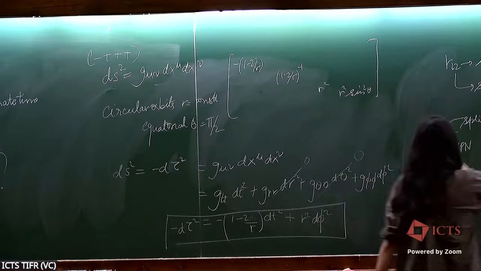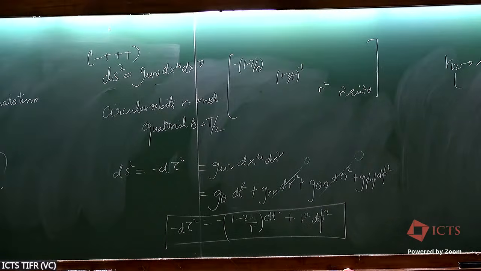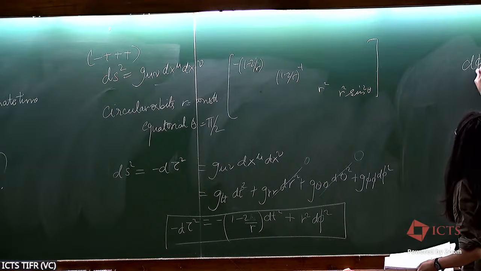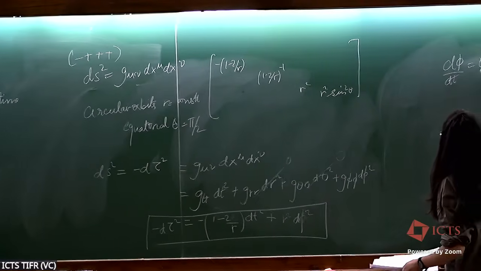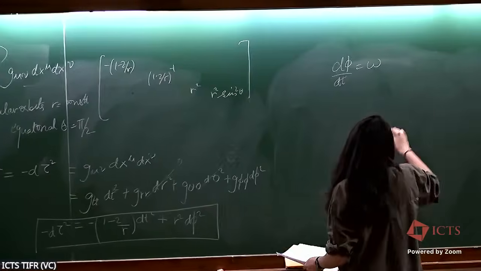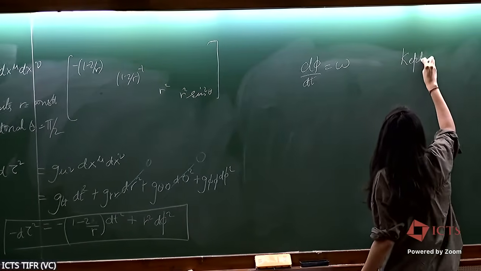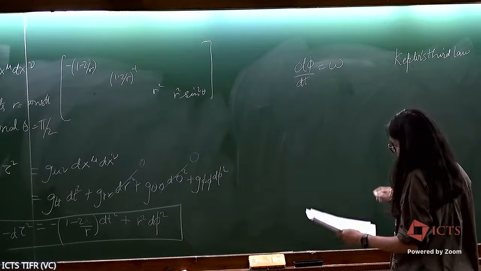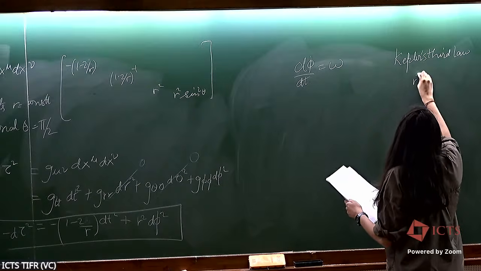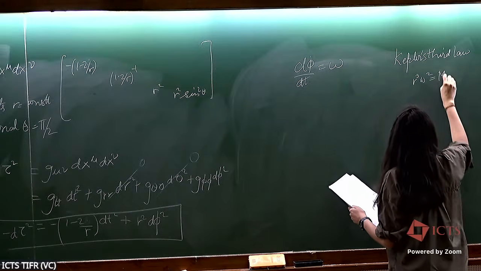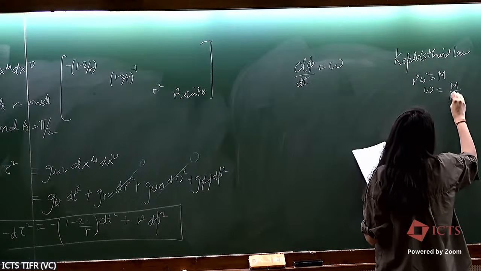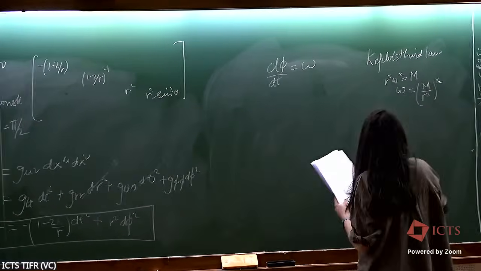But we also have Hamilton's equation, which relates d phi with omega, the orbital frequency. We know d phi over dt is omega. We can put that in here. And from Kepler's third law, we also know that r cube omega square equals m, or omega equals (m by r cube) to the power one half.